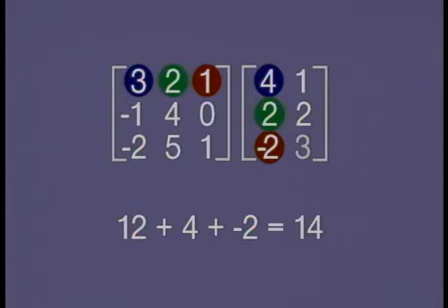And then we multiply the first row by the second column, and that answer goes in the first row, second column. Then we start with the second row of the first matrix, multiplying that by the first column of the second matrix, and that goes in the second row, first column of the answer matrix, and so on and so forth until we're finished.